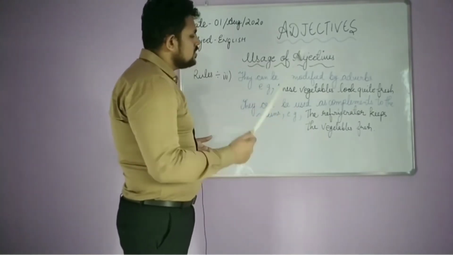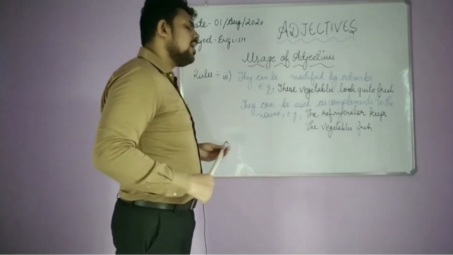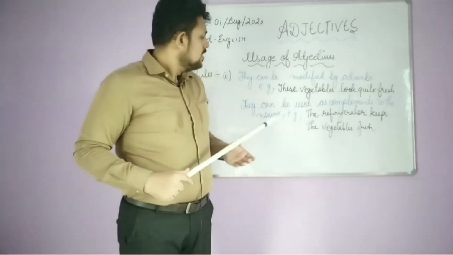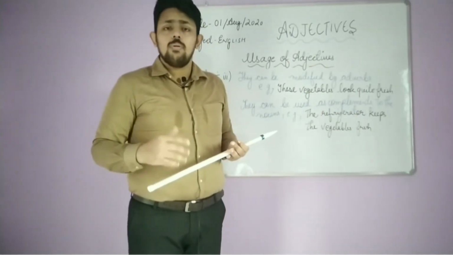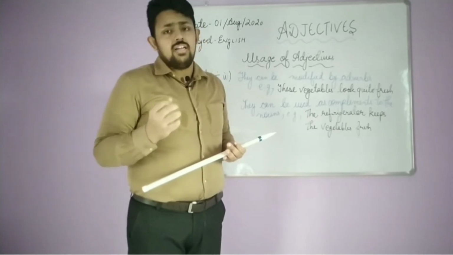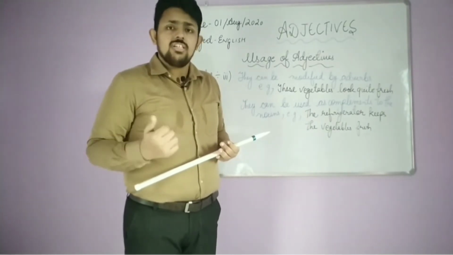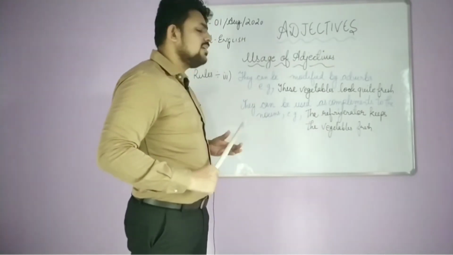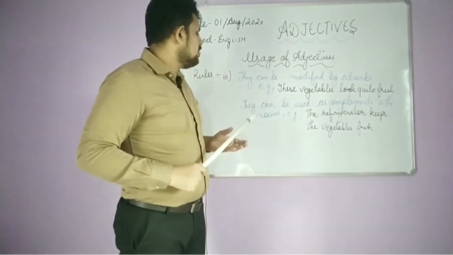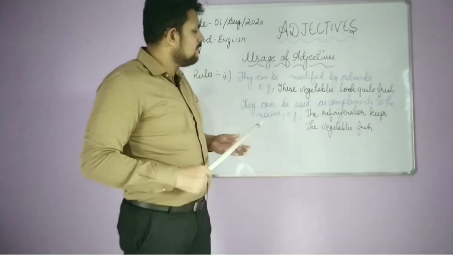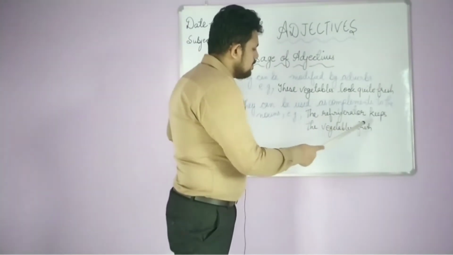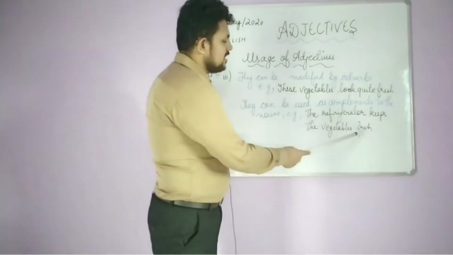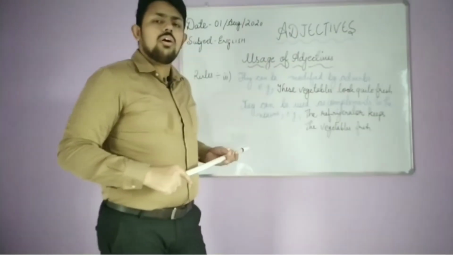Okay. Now we have the fourth rule: they can be used as complements to the nouns. So adjectives can be used as a complement to the noun. What is a complement? It is appreciating something. So the work of the adjective here is to give a complement to the noun. How? The refrigerator keeps the vegetables fresh. So here we have the adjective fresh, and what work is it doing?